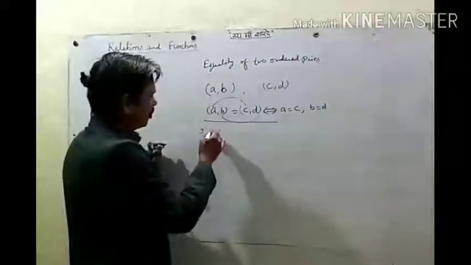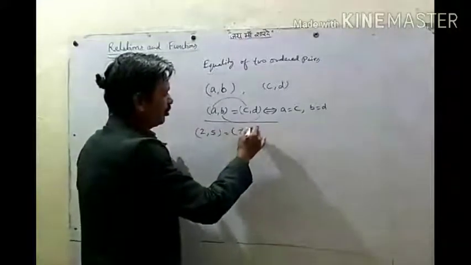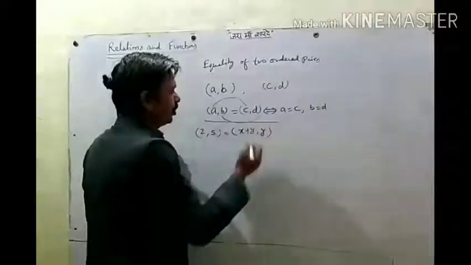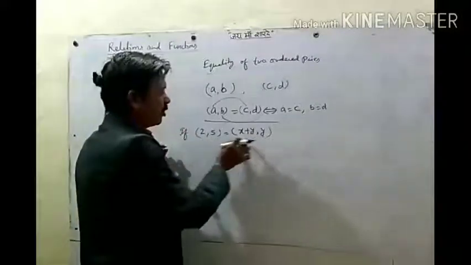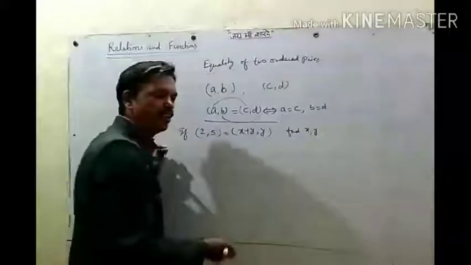Suppose we are given these pairs. If this pair is equal to this pair, then what are the values of x and y? Can you find them?